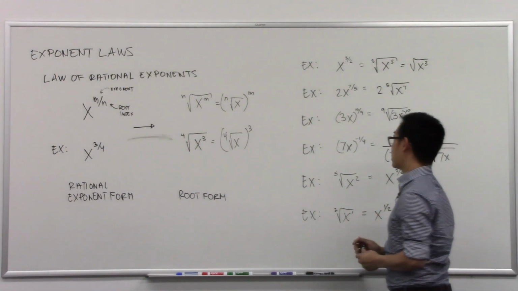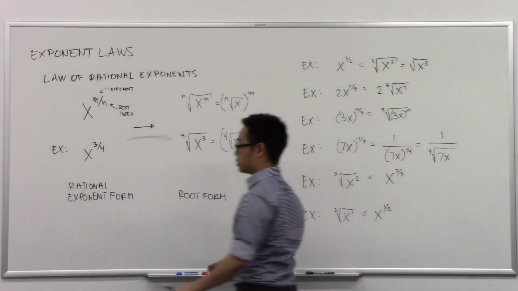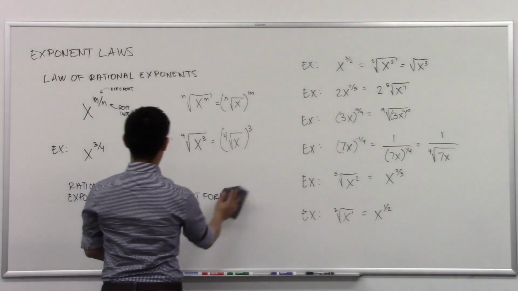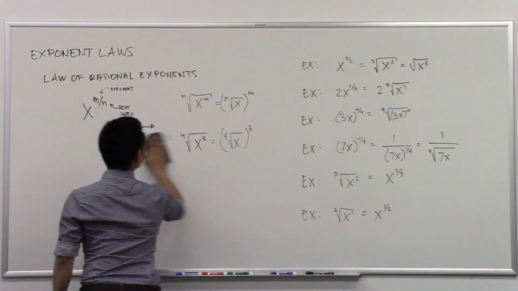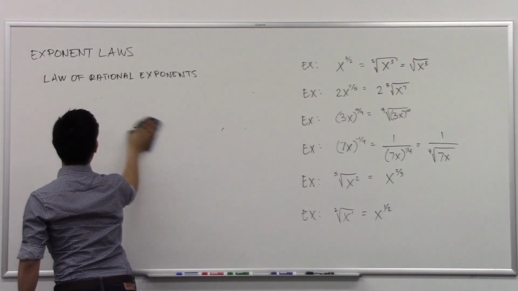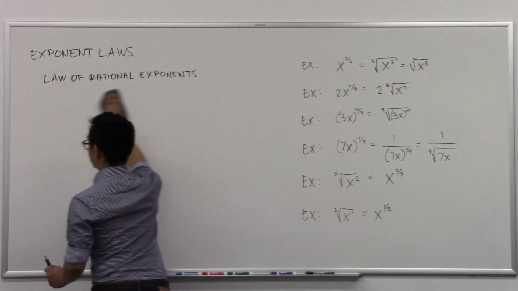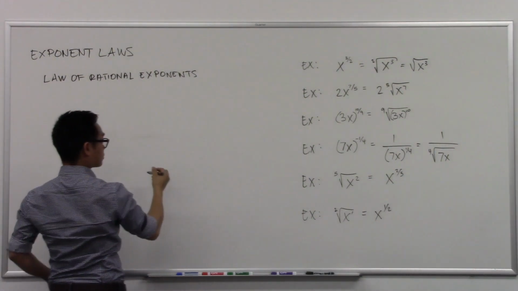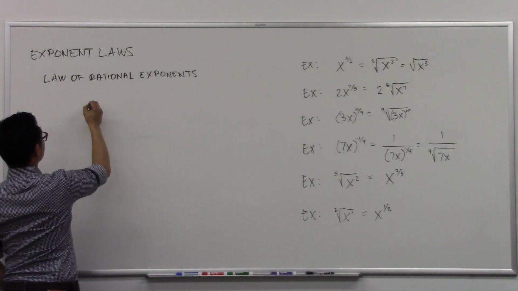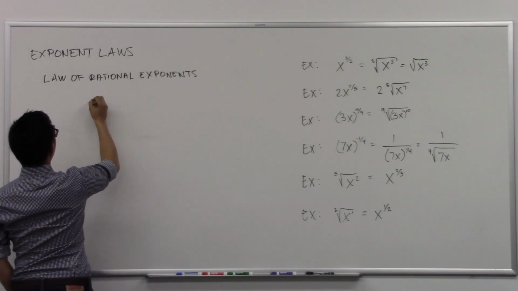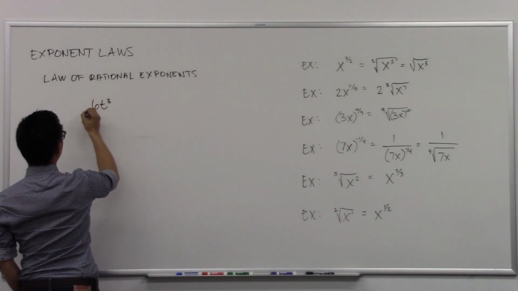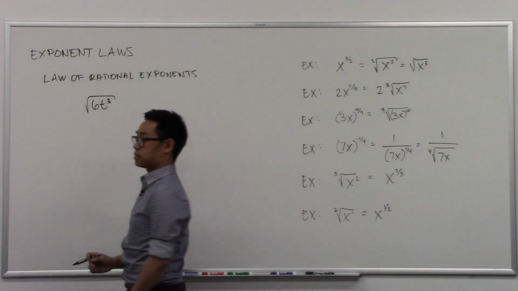Okay, there's one last one that's really tough that a lot of you guys have missed. Or one more type, I should say. And that's something like this. 6t cubed, like this.